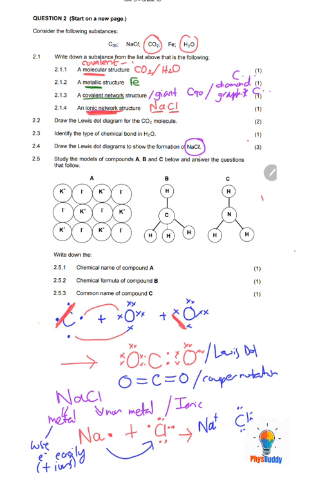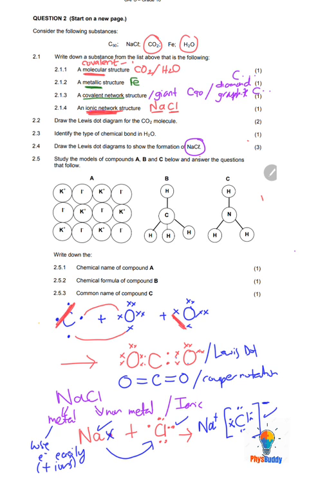So chlorine had 7, and I'm using a cross to represent the electron that it took from sodium. So let's change this to a cross as well. And because it took an electron, we would put it in square brackets, and it becomes negatively charged because it has an extra electron. And that is how you would show the formation of NaCl. So you would get a mark for each of your atoms.